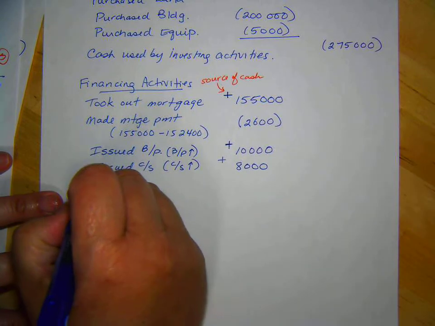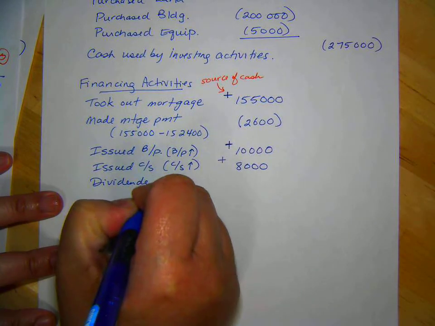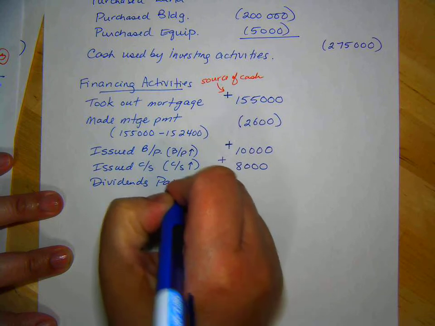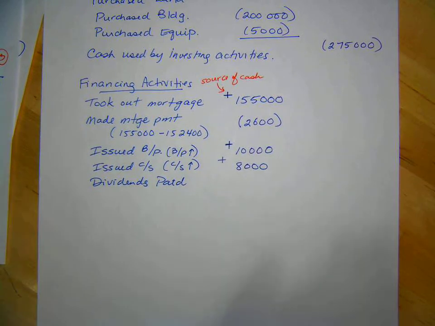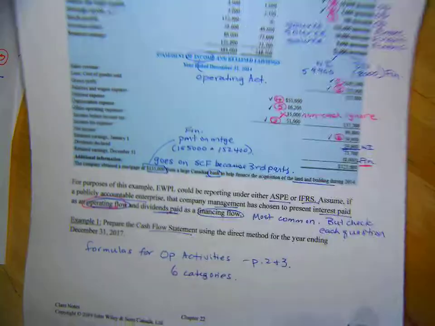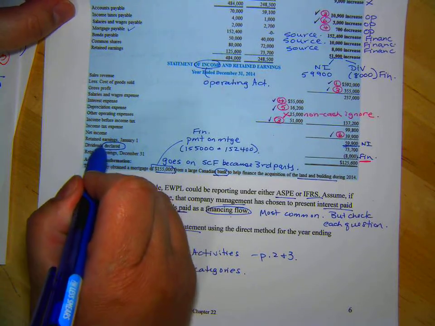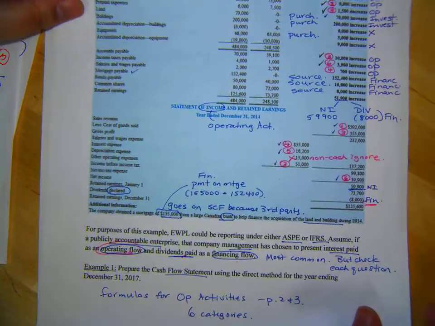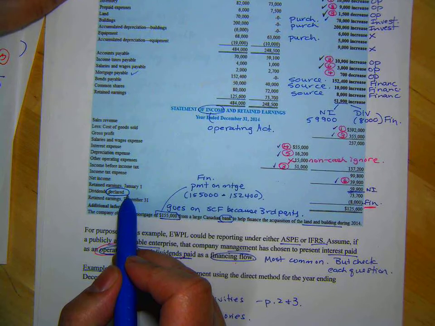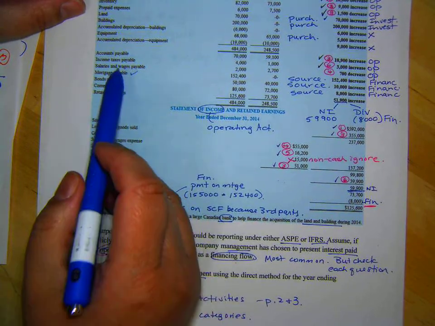Then we had dividends. Now, you will notice something. It says dividends paid are financing flows, so we know that already. But on the retained earnings statement on page 6, it says dividends declared, not paid. So, if they just declared and not paid, what account would we have up here?